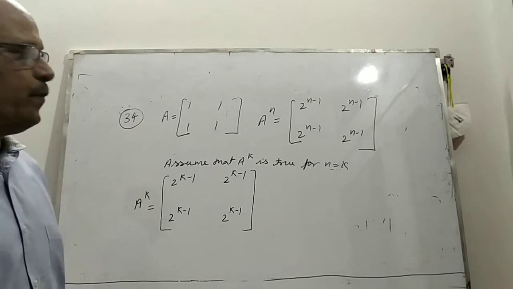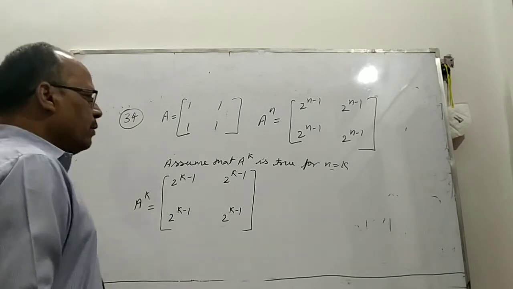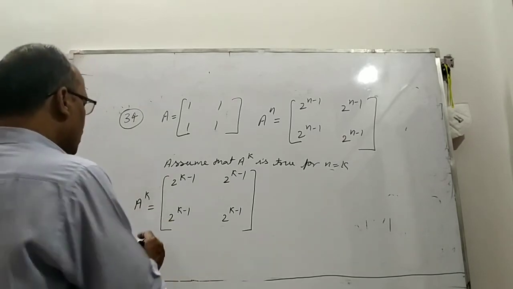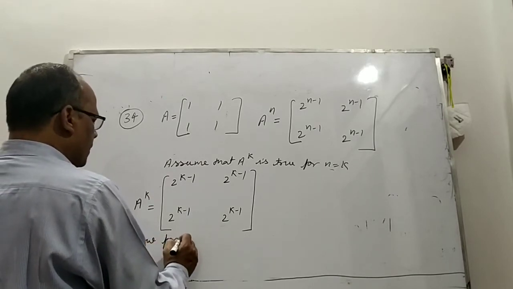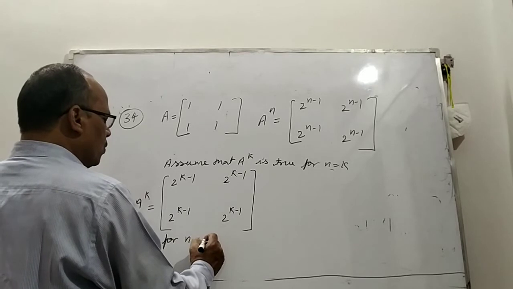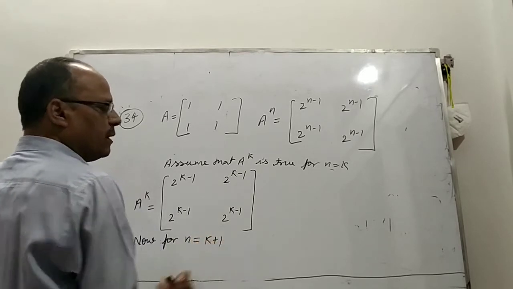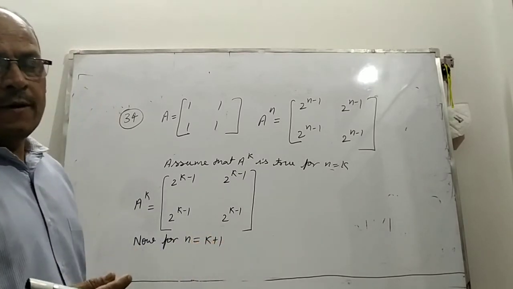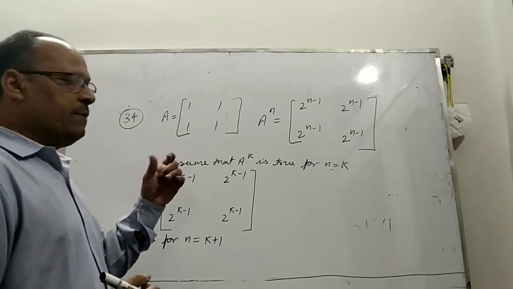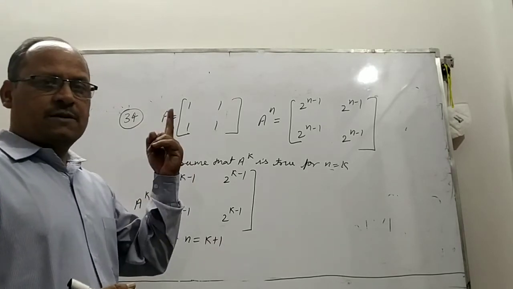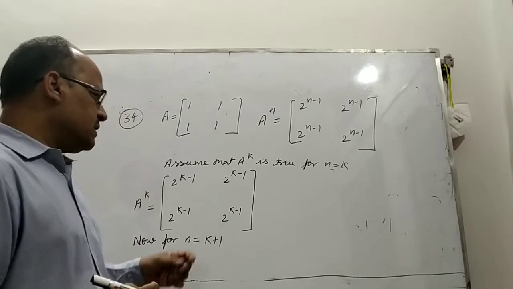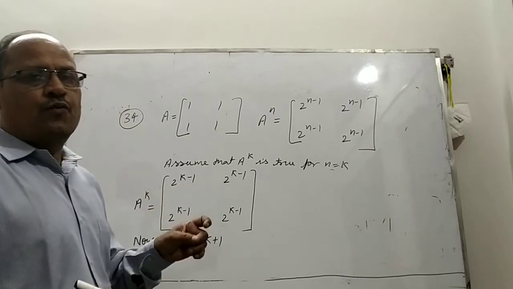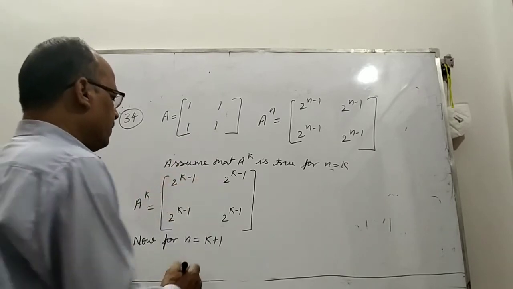Now what we will do? We will prove that for n equal to k plus 1. In the previous concept you see P(k+1) means the statement will prove that it is true for n equal to k plus 1.